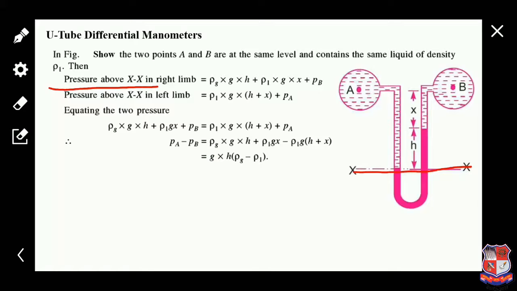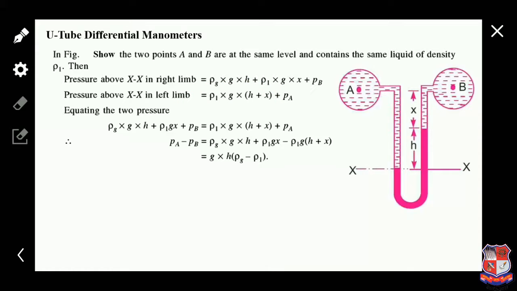First, the pressure above XX in the right limb: the pressure in pipe B, the pressure due to the fluid column in pipe B, rho 1 g x, and the pressure due to the heavy liquid column, rho g g h. Now the pressure above XX in the left limb is the pressure in pipe PA and the liquid column of fluid flowing in pipe A, rho 1 g (h plus x).